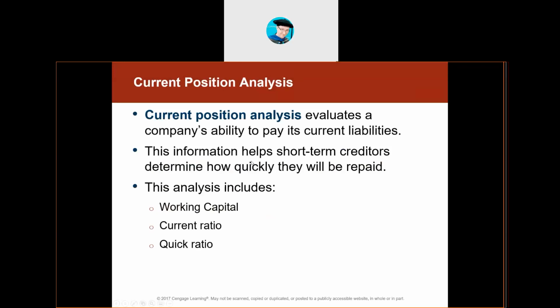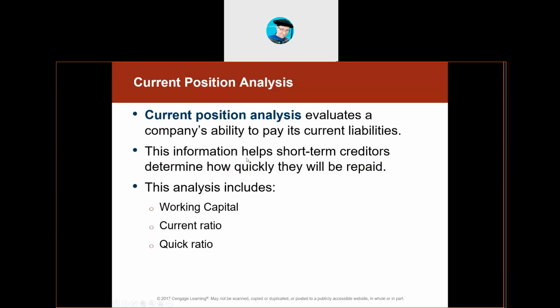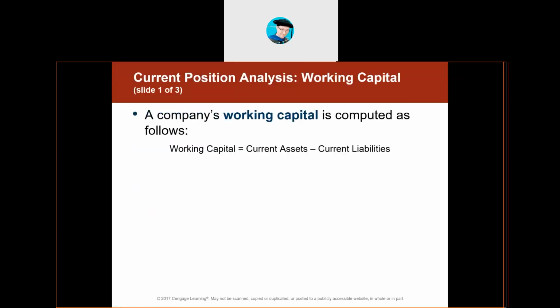We can use what's called a current position analysis. This tells us the company's current ability to pay its current liabilities. And to do that, we look at short-term information, and we will compute things like the working capital, current ratio, and quick ratio. Working capital, as you know, is a part of that liquidity ratio.